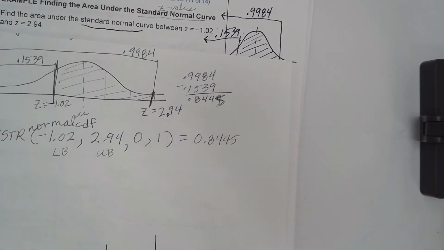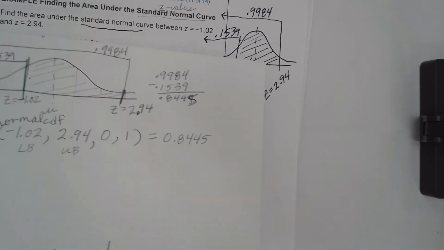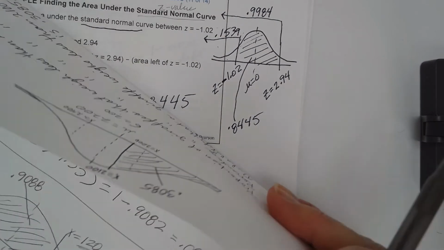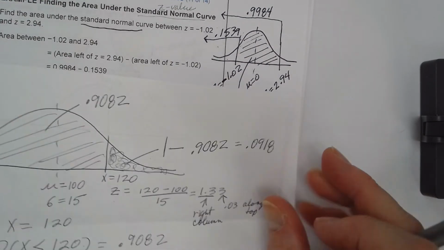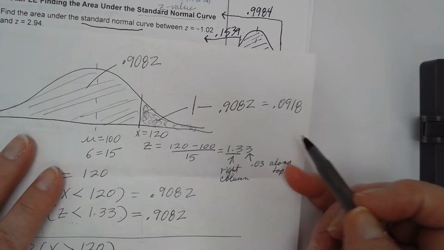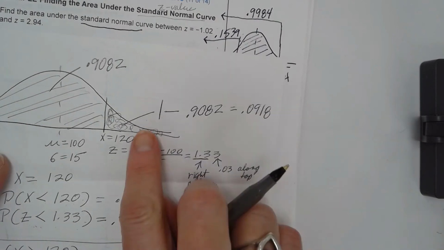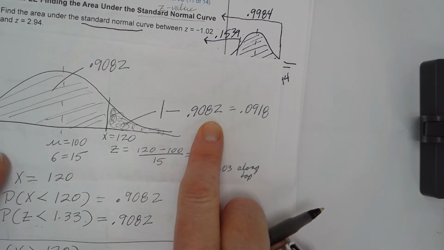So we found the area to the left, and we found the area between two scores. How would we find this area to the right? How did we find it before? 1 minus that.